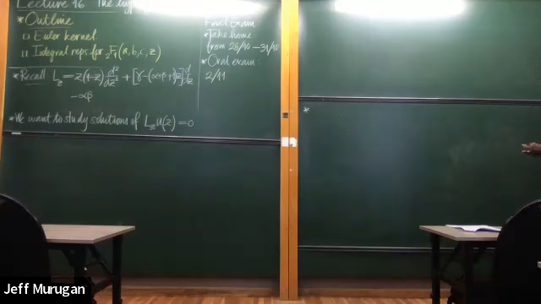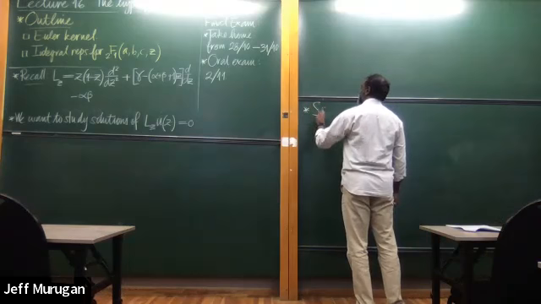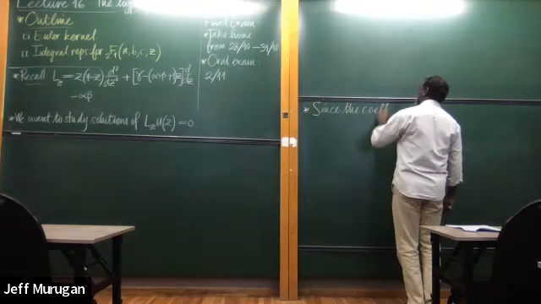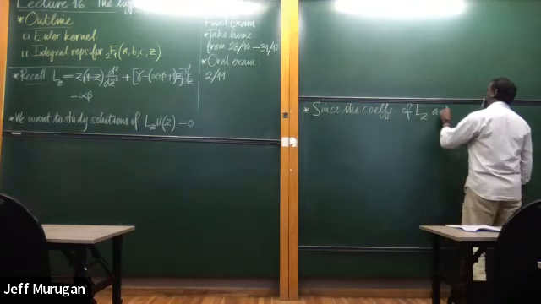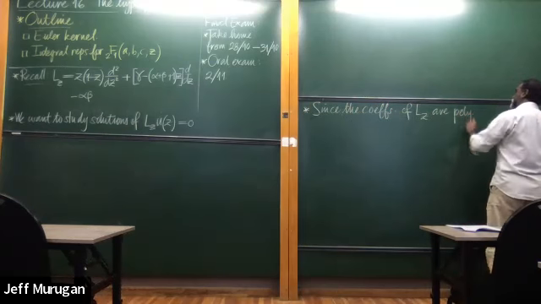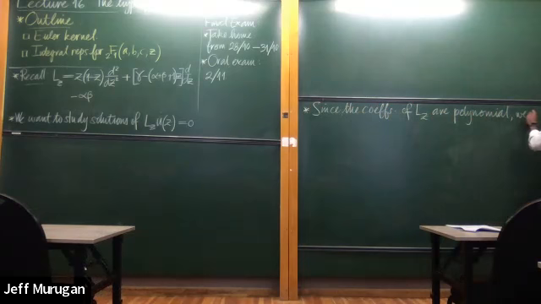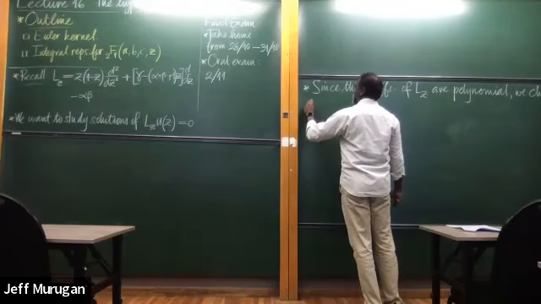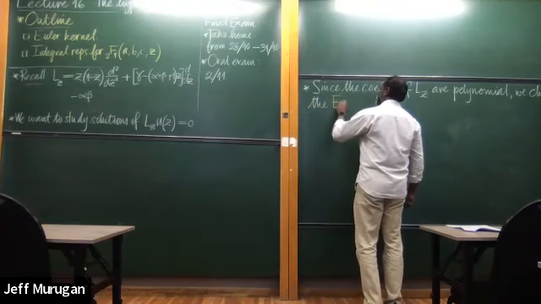And in fact, one such kernel does exist. It's called the Euler kernel. So, since the coefficients of LZ are polynomial, we can choose for the kernel function the Euler kernel.